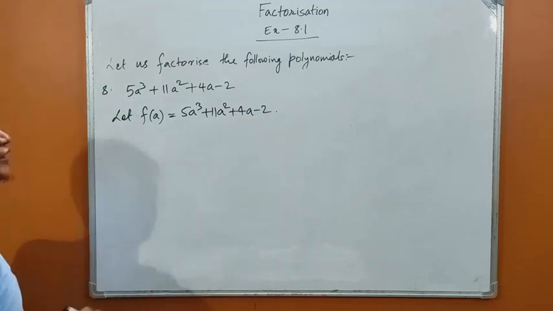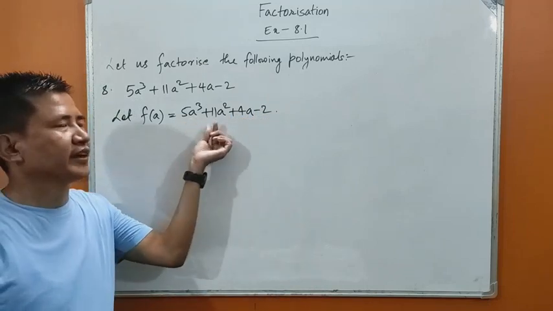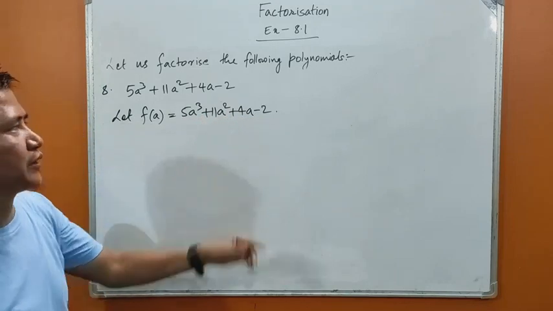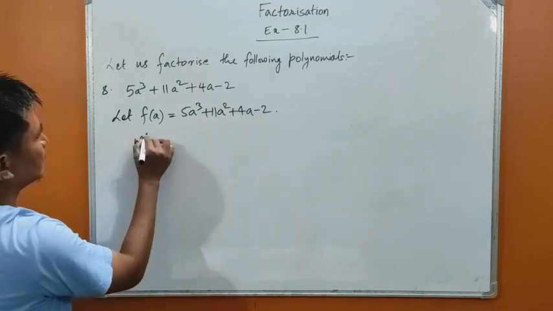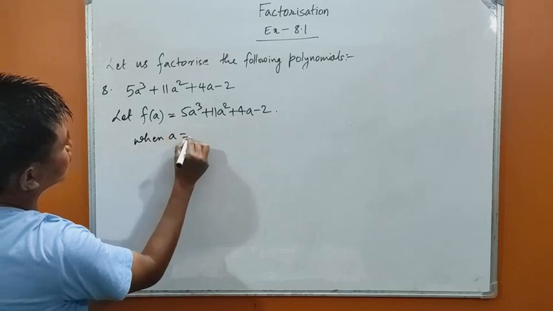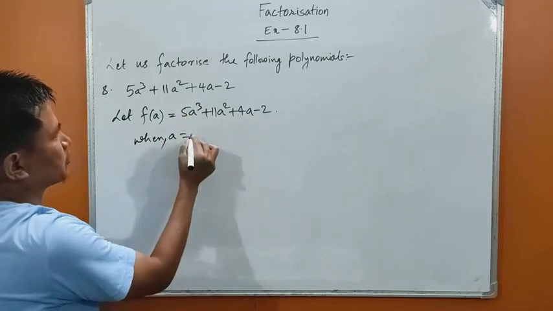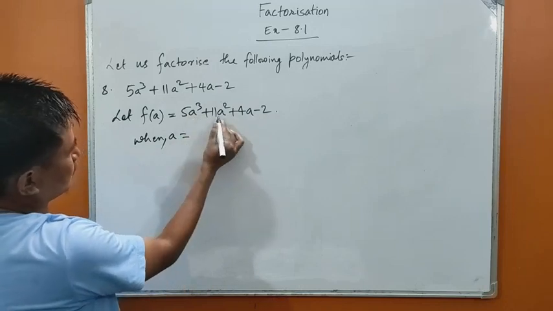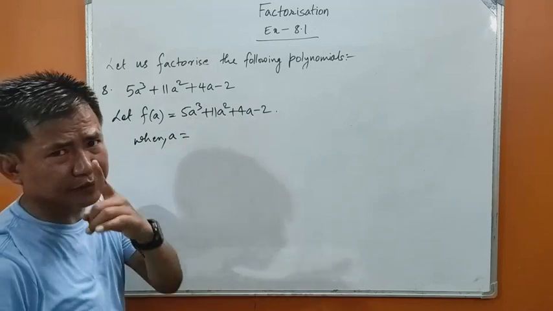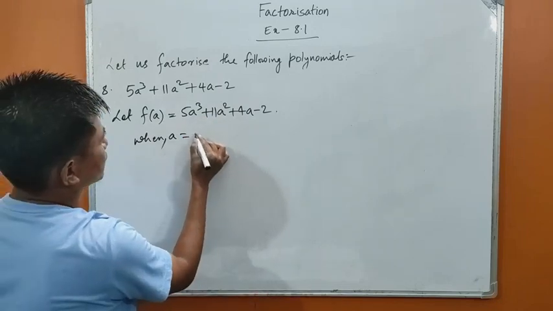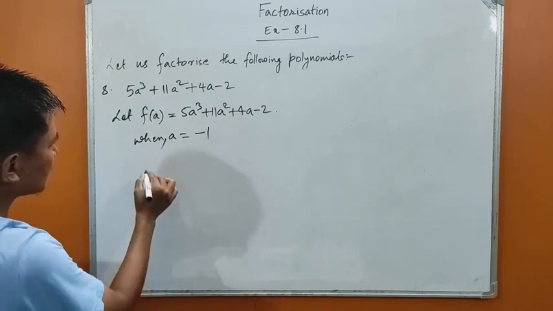Now let us suppose a value of a such that when we put that value into this expression, it becomes 0. So if the numbers are positive, we should suppose a negative number, I think. You should be very quick in calculation. So let us suppose a equals minus 1.